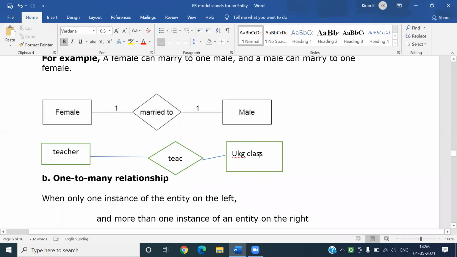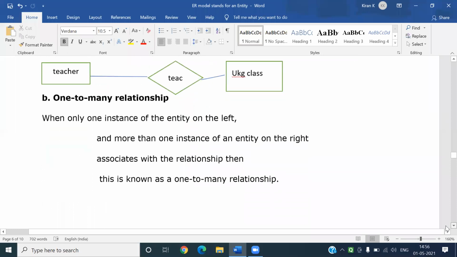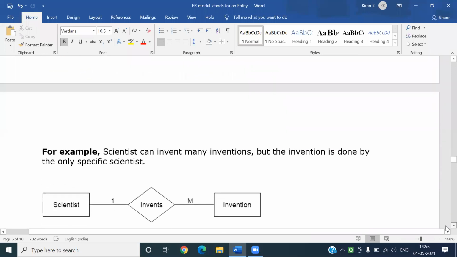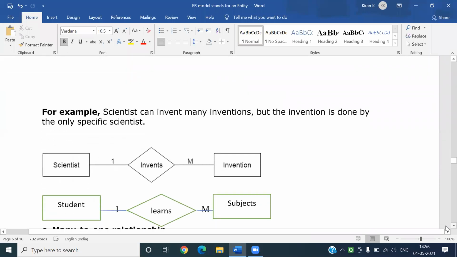The UKG class is one and the teacher is one. This is how we can use a one-to-one relationship.